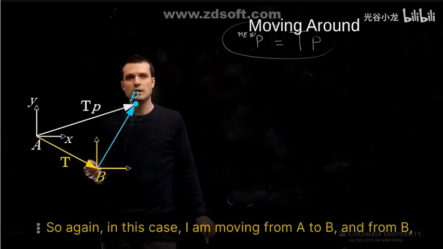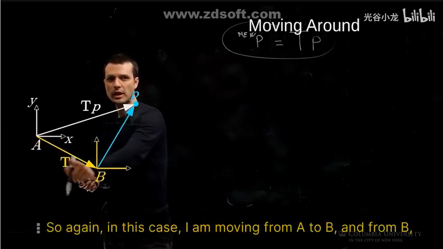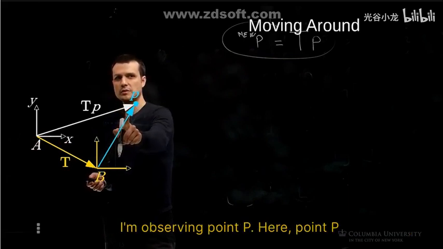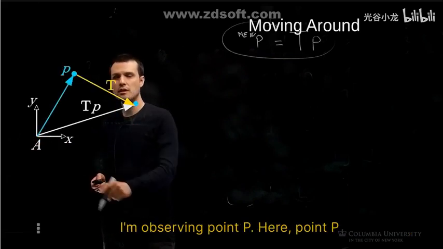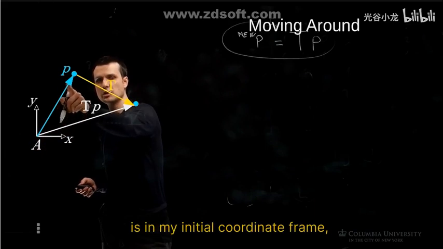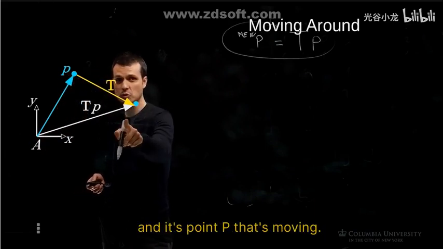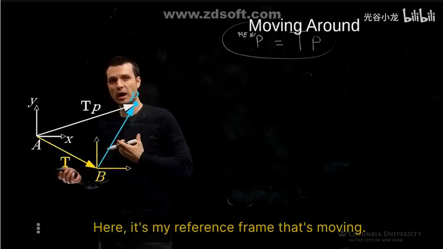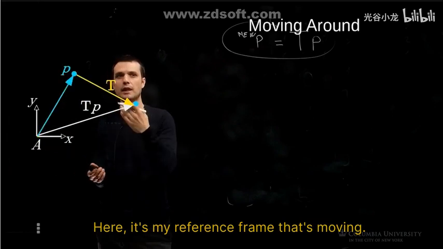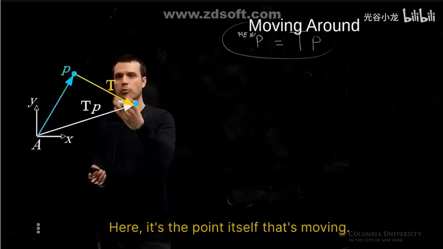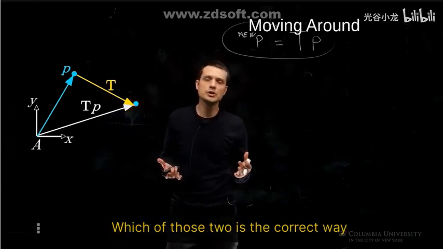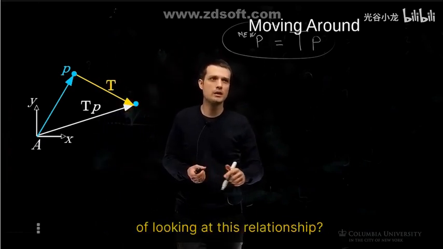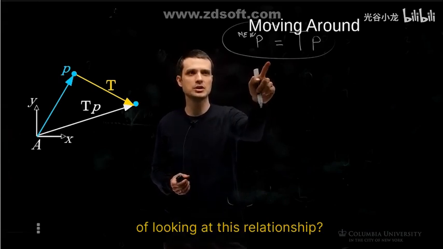So again, in this case, I am moving from A to B, and from B, I'm observing point P. Here, point P is in my initial coordinate frame, and it's point P that's moving. Here, it's my reference frame that's moving. Which of those two is the correct way of looking at this relationship?